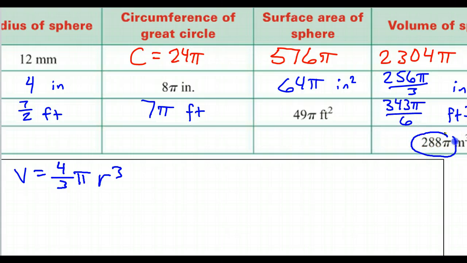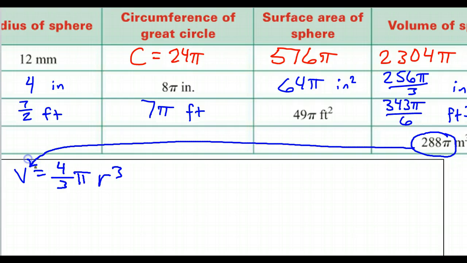So since they're giving us the volume, we're going to take the volume and substitute it in for V. So that's going to make this 288 pi equals 4/3 pi times radius cubed.